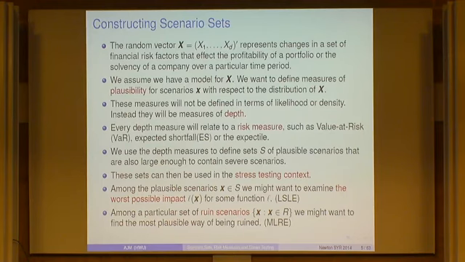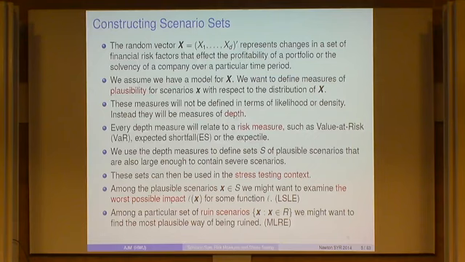So there's a random vector X which represents changes in risk factors over a time period. And so these are risk factors that are going to affect a portfolio, whether its value goes up or its value goes down, or a whole balance sheet, whether that goes up in value or down in value. So in other words, factors that will affect the solvency position of a firm.